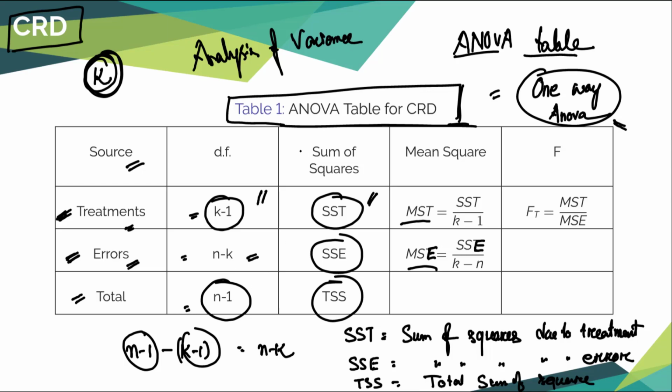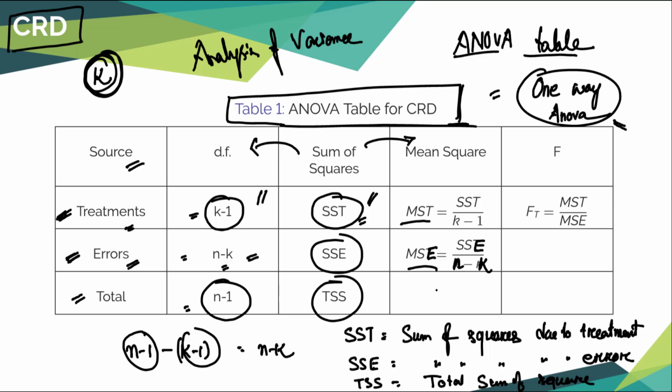So for MST we divide SST, the sum of squares due to treatment, by the degrees of freedom, k minus 1. Similarly for MSE, we divide SSE, the sum of squares due to error, by its corresponding degrees of freedom, n minus k.